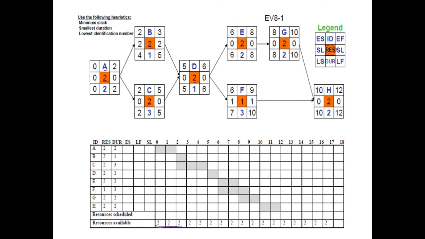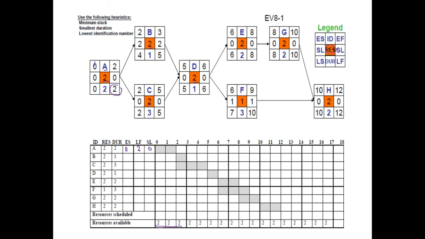So here you're being asked to jot in the early start. For instance, the early start for activity A is 0, and the late finish for activity A is 2. These are two extremes, and the slack for activity A is 0 as well.